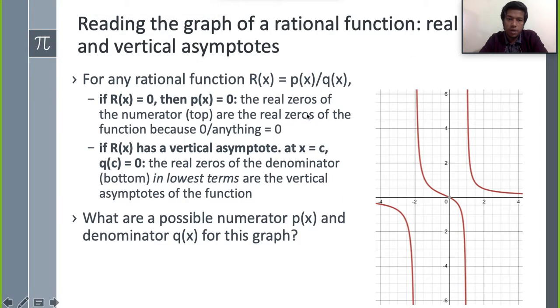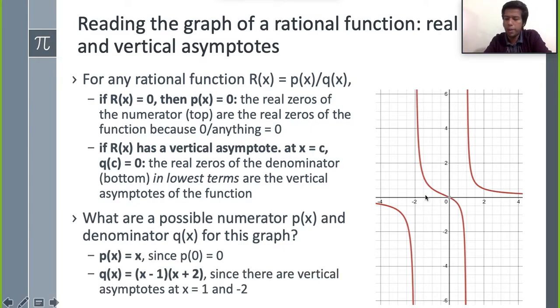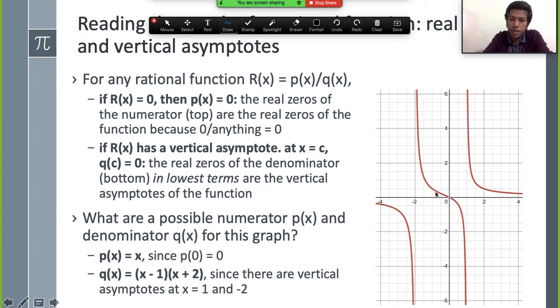First of all, reading the graphs. In this graph, you will notice a couple of things. One of the things is the x-intercept.